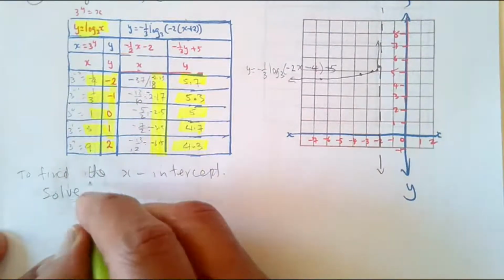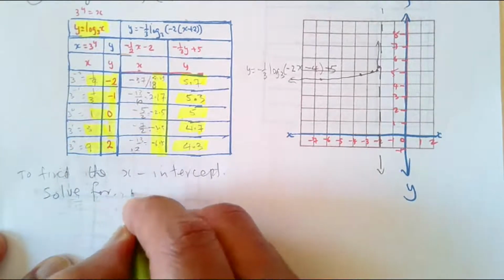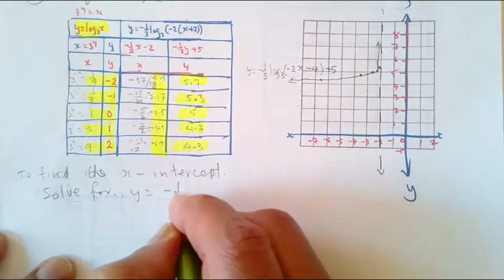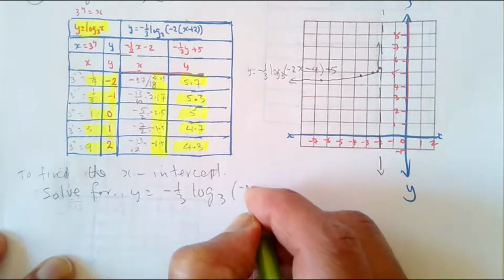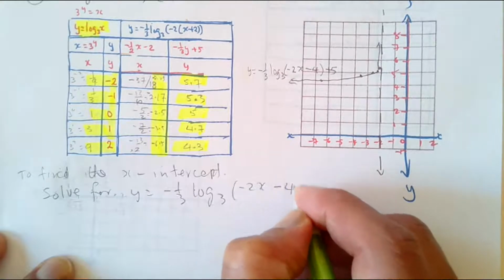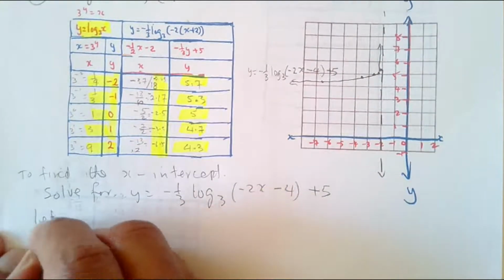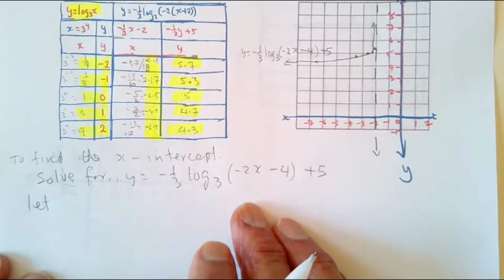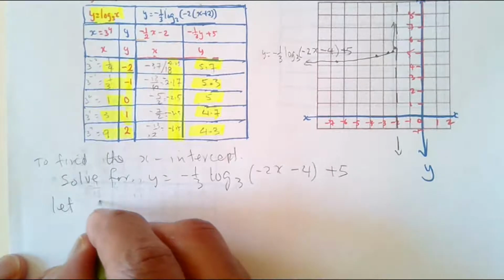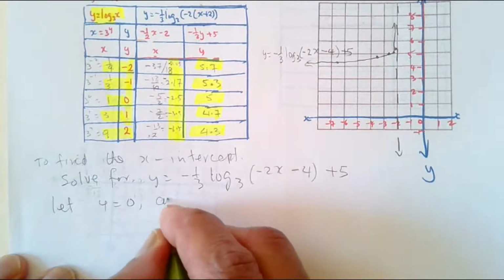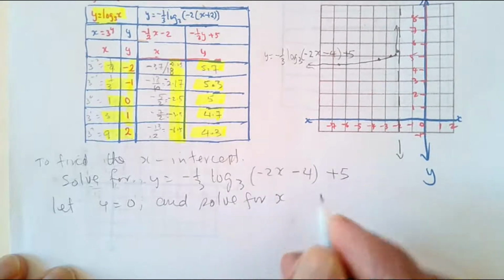So we solve for y equal to negative 1/3 log base 3 of negative 2x minus 4 plus 5. So let y equal 0 and solve for x.